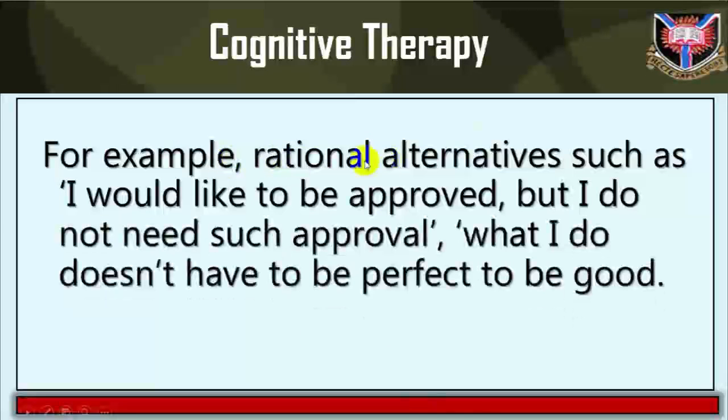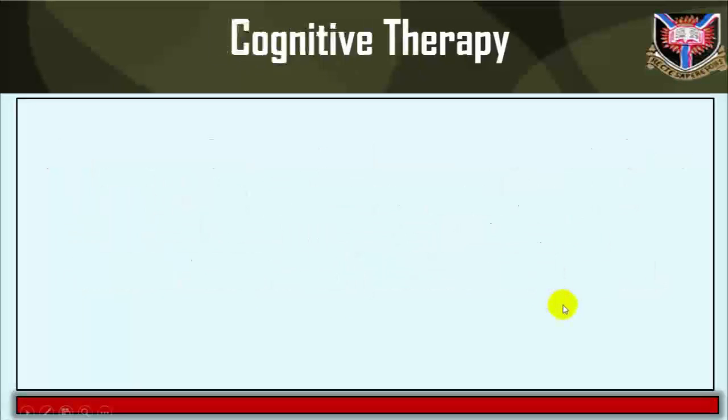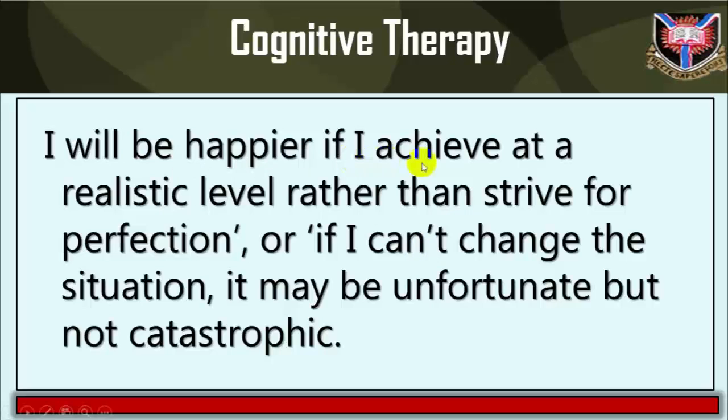For example, rational alternatives such as, I would like to be approved, but I do not need such approval. What I do doesn't have to be perfect to be good. I will be happier if I achieve at a realistic level rather than strive for perfection.